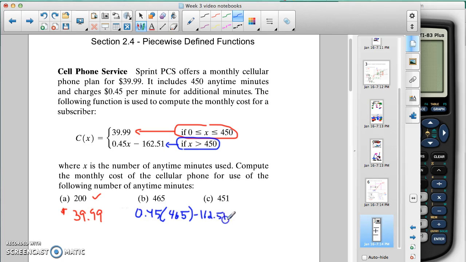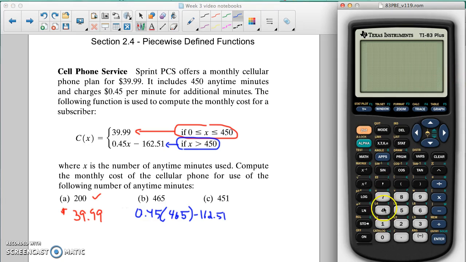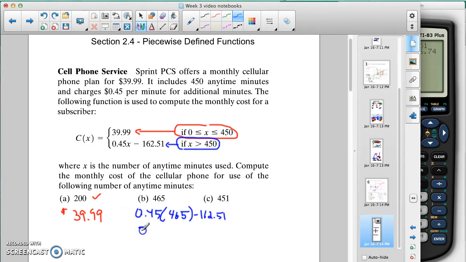Let's see what that is. 0.45 times 465 minus 162.51 is $46.74. So $46.74 is our answer to this one.